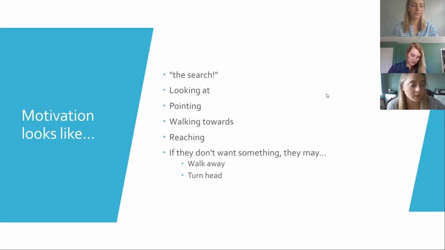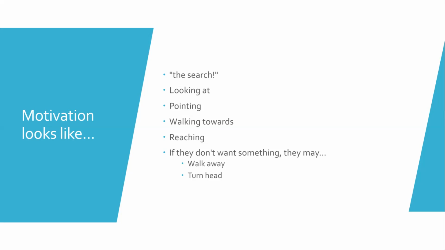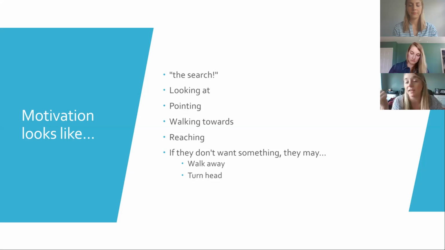You can tell motivation is there when you see those search-type behaviors: someone looking around the room, walking towards it, pointing, starting to say something, maybe problem behavior, or running away, avoiding something, or turning away. You know motivation for something is there if you see those signs.